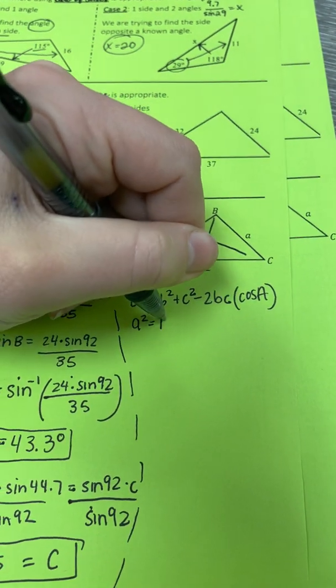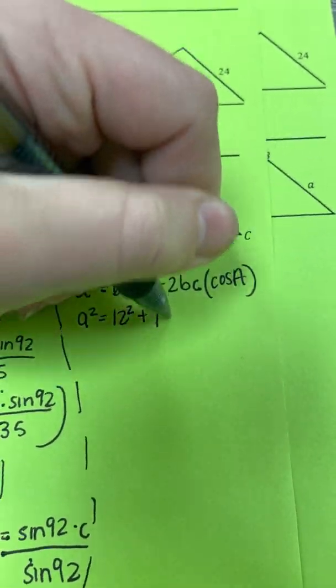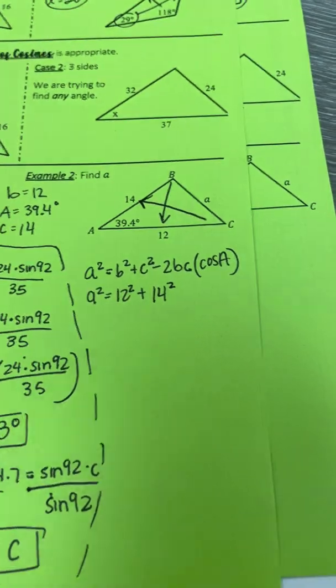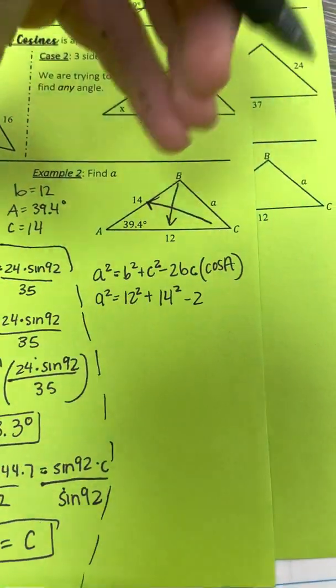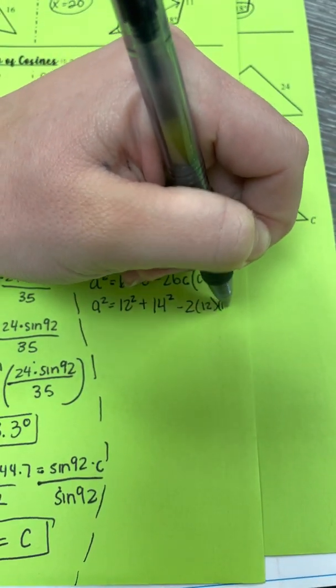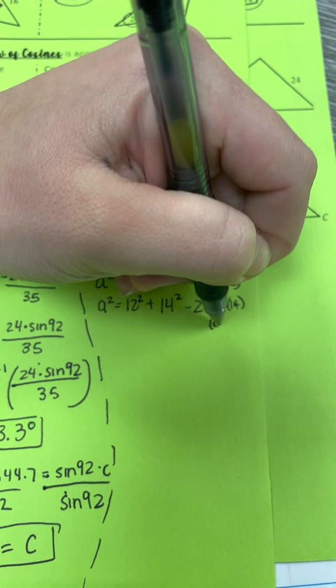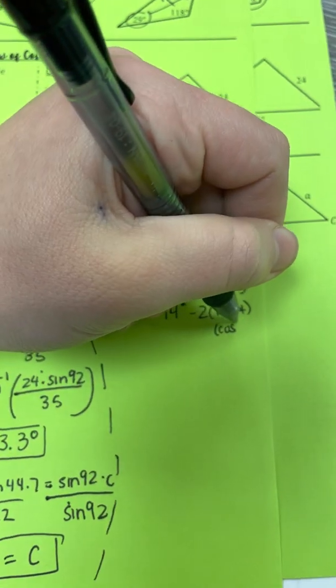Okay, 12 squared plus 14 squared. And then we have minus 2 times 12 times 14 times cosine 39.4.